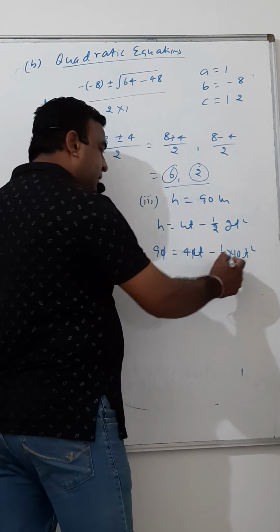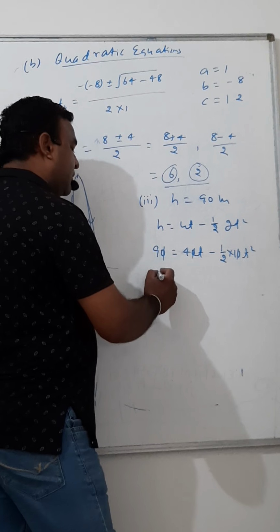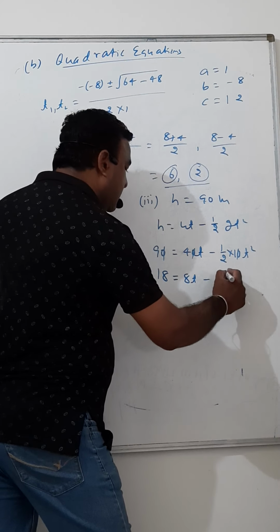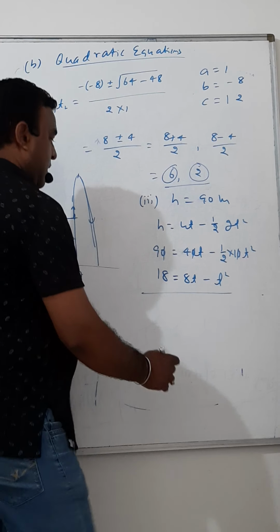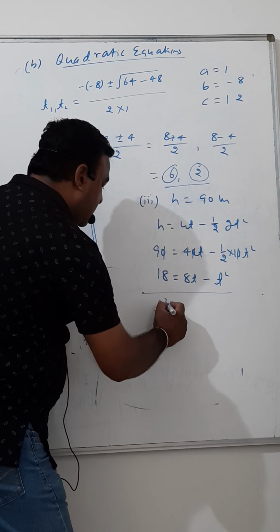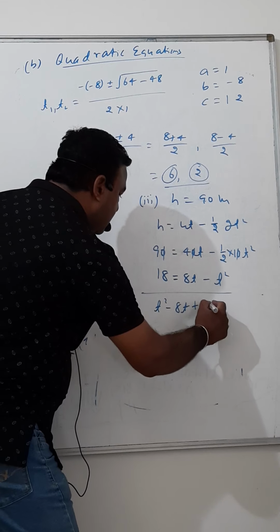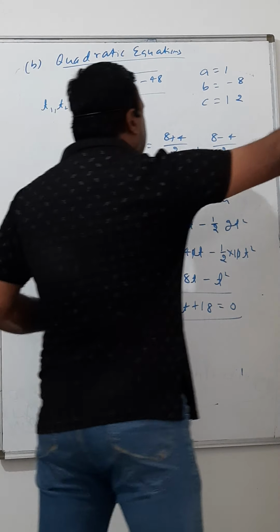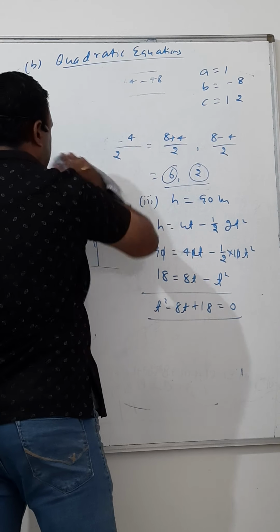The same way, I cancel all the zeros and multiply with 2. I simplify it: t squared minus 8t plus 18 is equal to 0. Solve here.